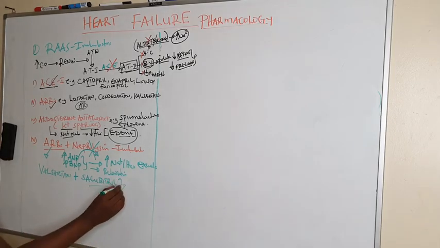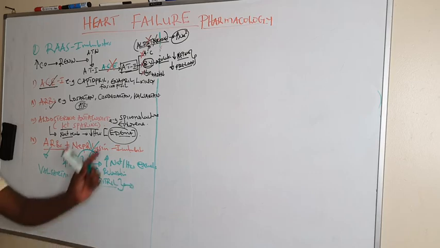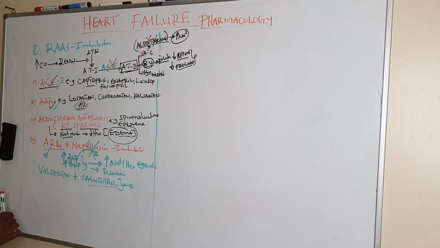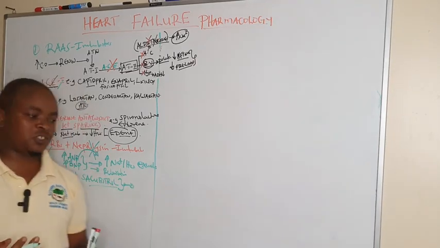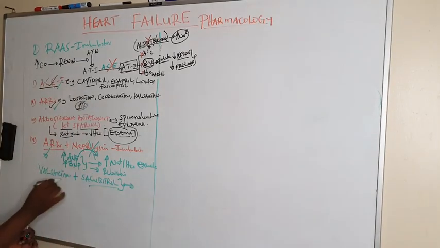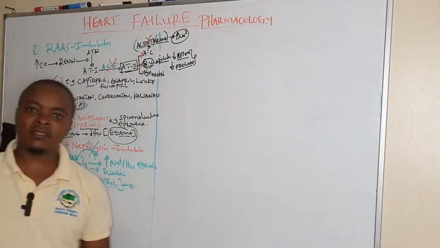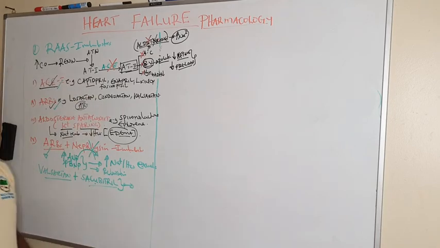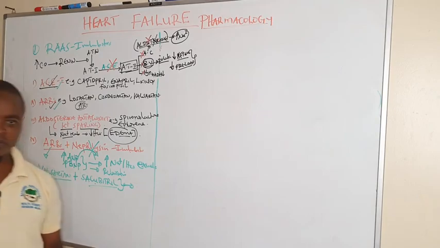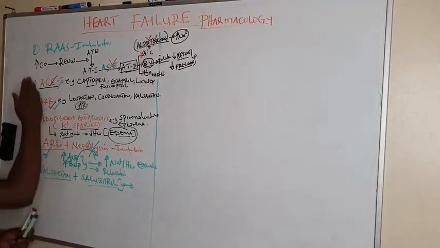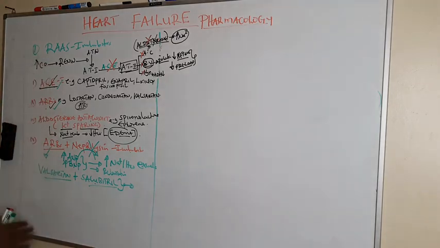So this combination is very good for those who are failing on ACE inhibitors and ARBs alone, so that we can achieve maximum therapeutic effect by combining ARBs together with neprilysin inhibitors. So this is also very important in treatment of heart failure. So this is one category we have finished, those are RAAS inhibitors.